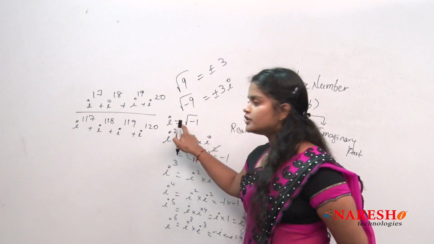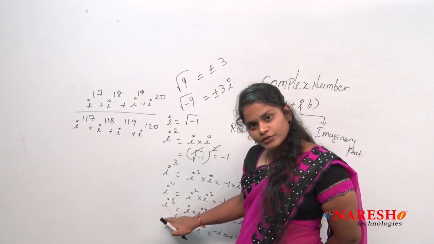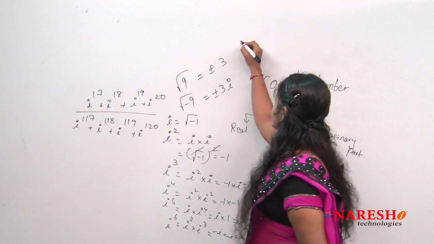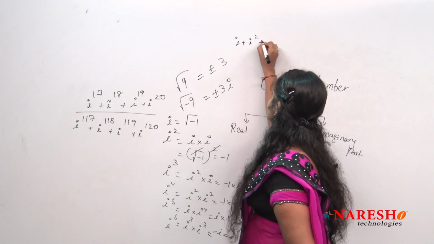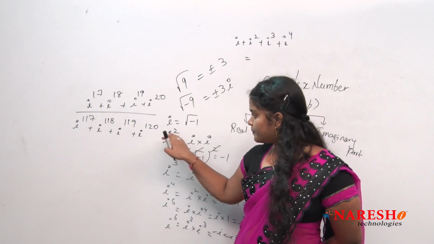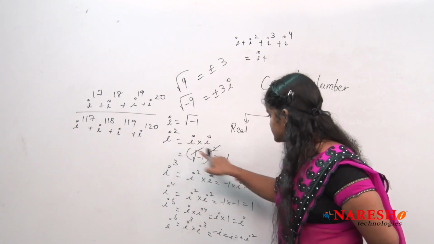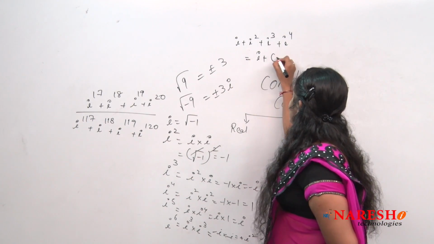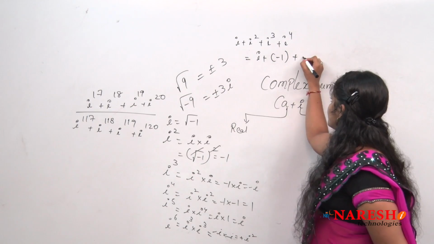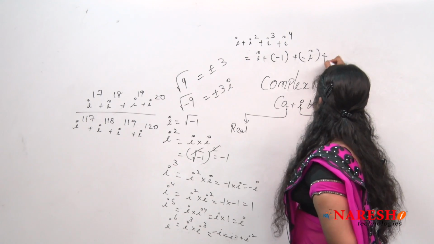I know the value of i square, i cube and i to the power of 4, and we know from i to the power of 5 they will repeat, right? So let me add these four. i plus i square plus i cube plus i to the power of 4 is equal to, let me keep i as i itself, i plus minus 1 plus minus i plus 1.